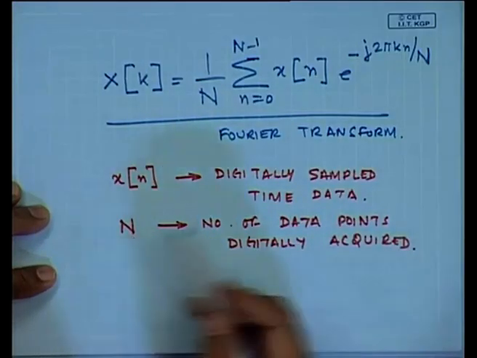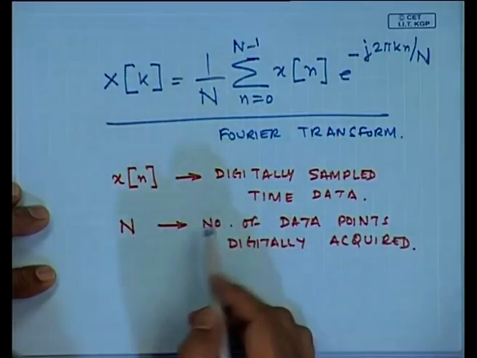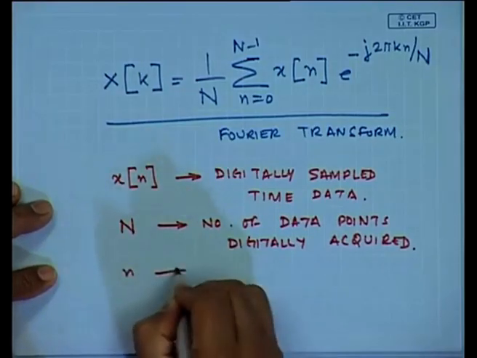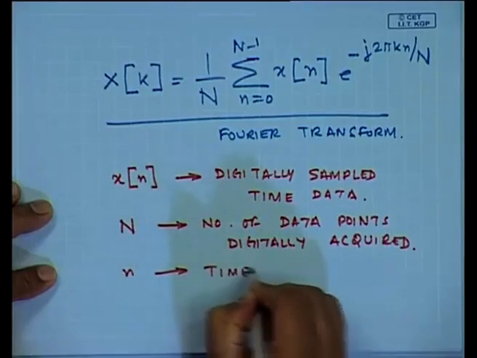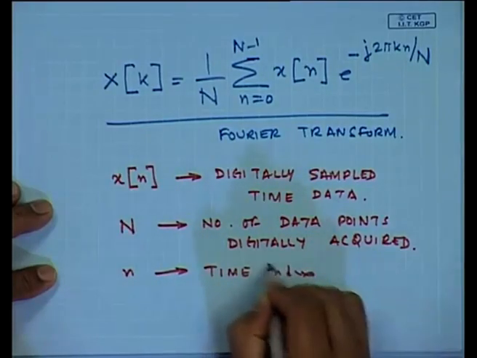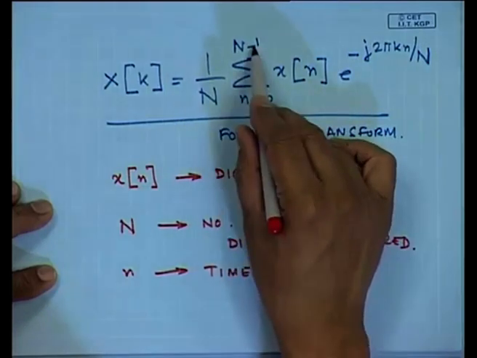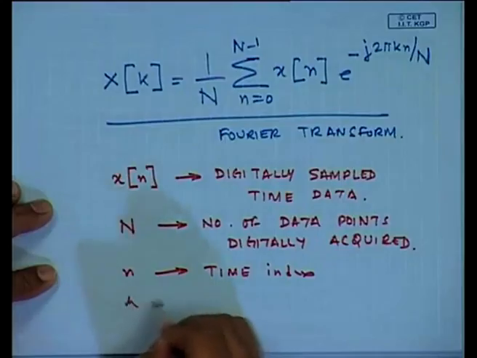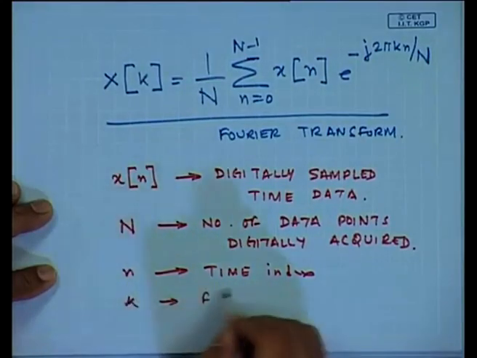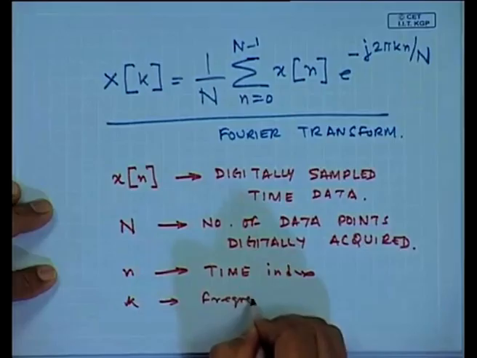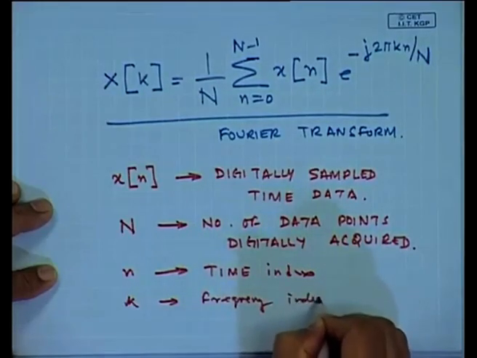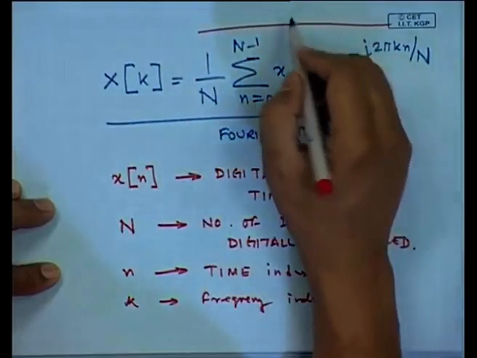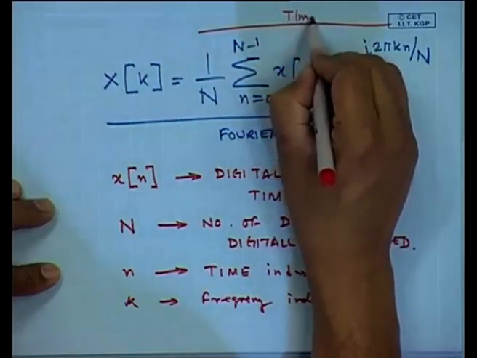This N is what specifies the memory space in the A to D card. Small n is a time index which goes from n is equal to 0 to n minus 1, so it covers all the N data points, and small k is similarly a frequency index.